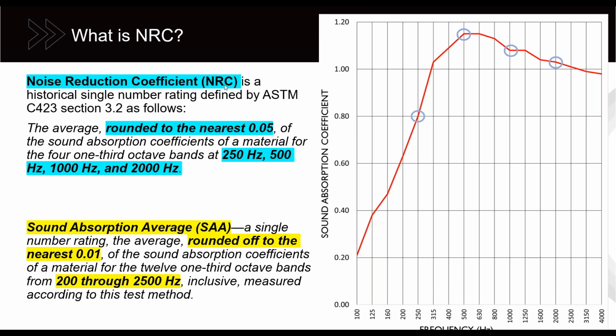The definition of NRC is the average of the sound absorption coefficients at 250, 500, 1,000, and 2,000 hertz, rounded to the nearest 0.05.